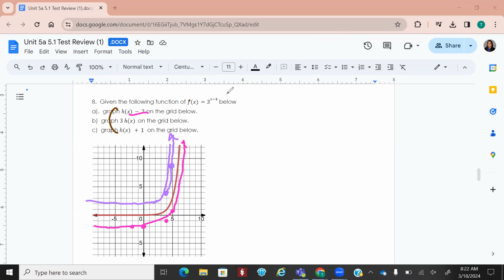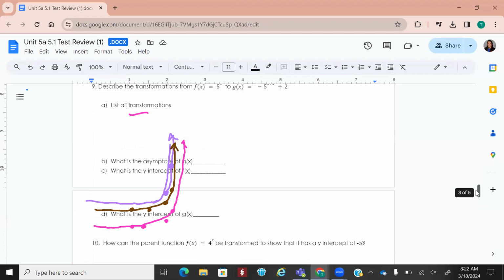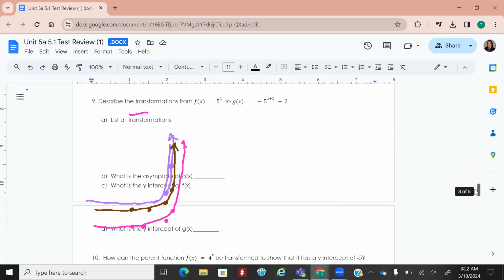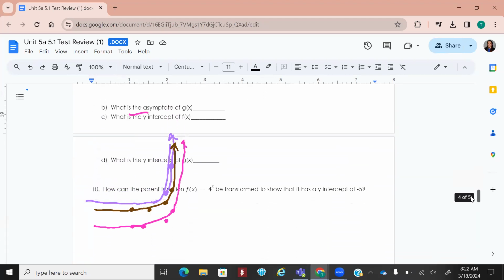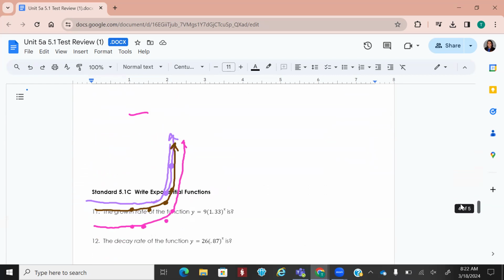You're going to take the original function and add 1 to it, so you're going to move everything up by 1. It's going to look something like that. There is a question on your test that is very similar to that. Now, not on your mastery check, but on your test.